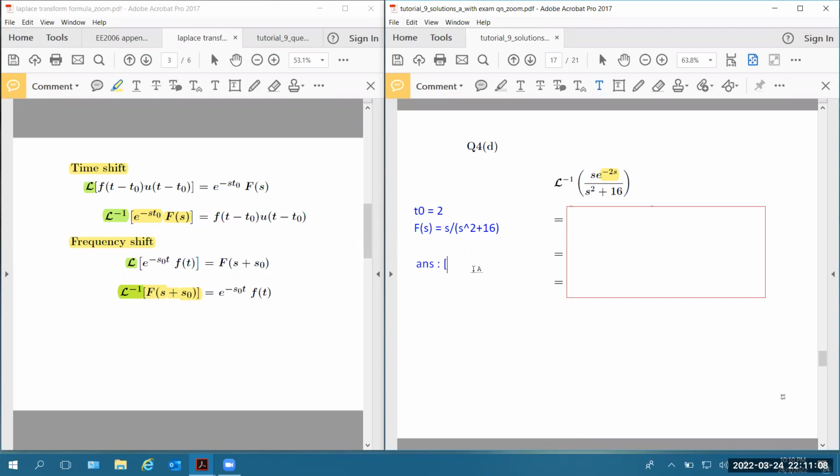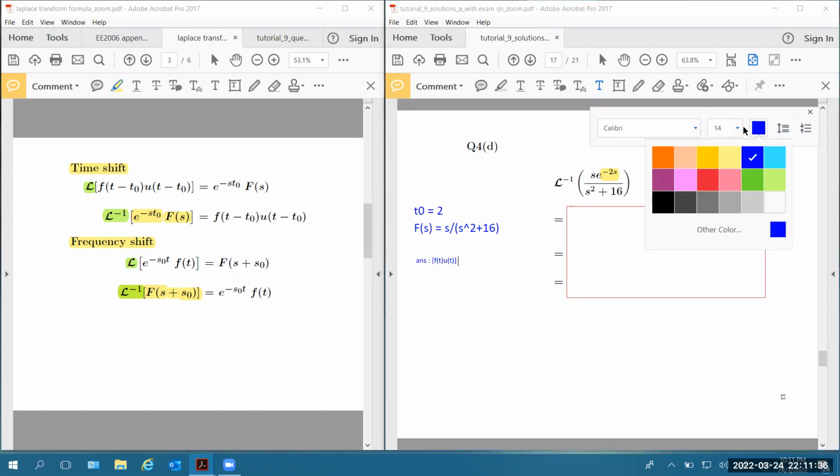So actually I can write like that: f(t) u(t), and then outside there, I should write a subscript like that, okay?